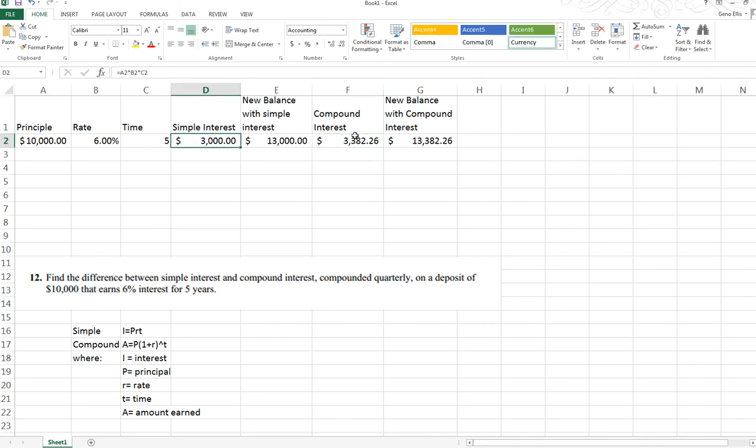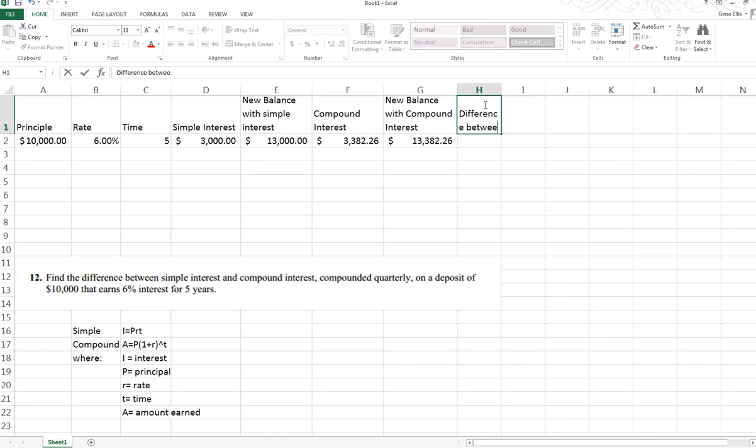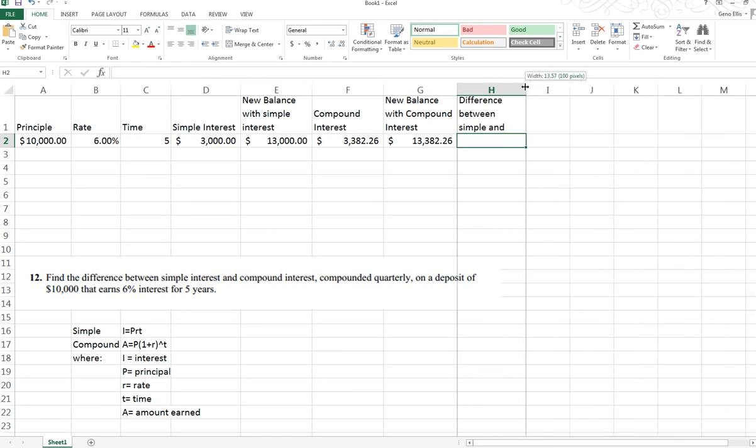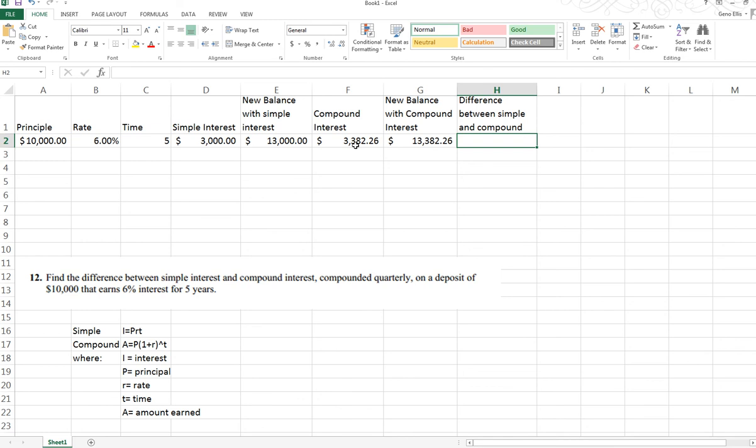So now the difference between these, and we can actually do this too, difference between simple and compound, is it's just going to be equal to the compound interest minus the simple interest.